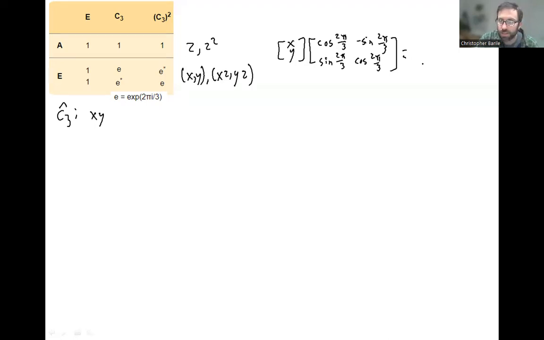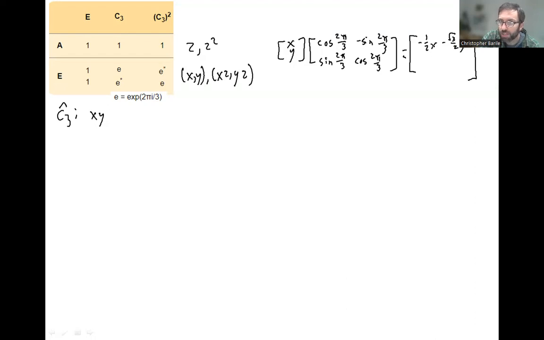Let's write that out in a matrix, solving for these various trigonometric functions. Cosine of 2 pi over 3 is negative 1/2. So x is going to go to negative 1/2 x. And then sine of 2 pi over 3 is root 3 over 2, and we have a minus there, so minus root 3 over 2 y.